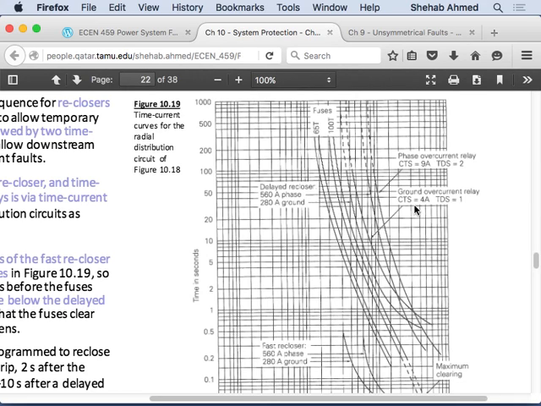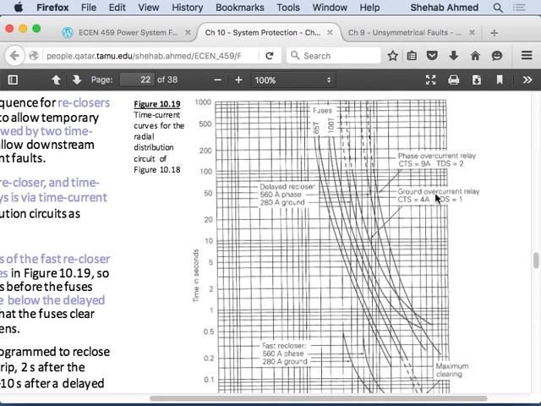Because it's a lower current, if you look at a high value of current, like a three-phase fault current, then you're not going to detect it. So the best way to detect a fault with a ground connection is to look at the zero sequence current, or the neutral current.